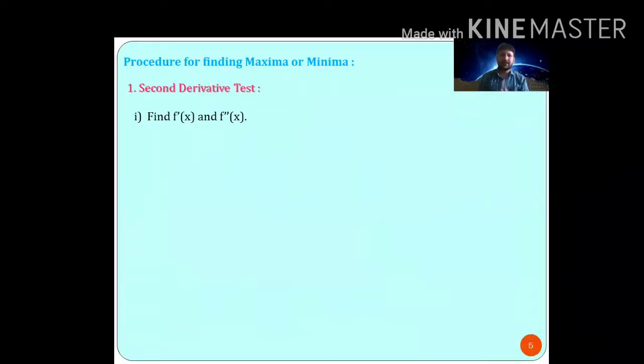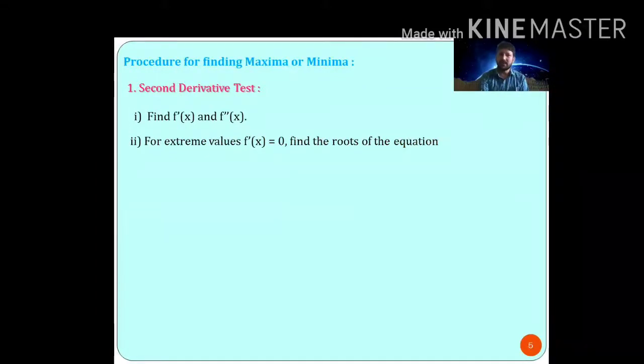After getting the derivatives, to get the particular point of maxima and minima, in the previous diagram I have shown x is equal to c or x is equal to d. To get those points, equate the first derivative to 0. So for extreme values, f dash of x is equal to 0, and find the roots of the equation.